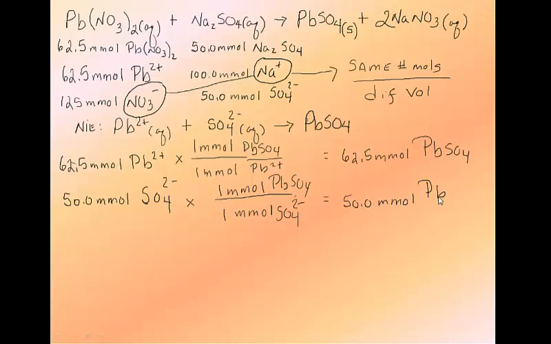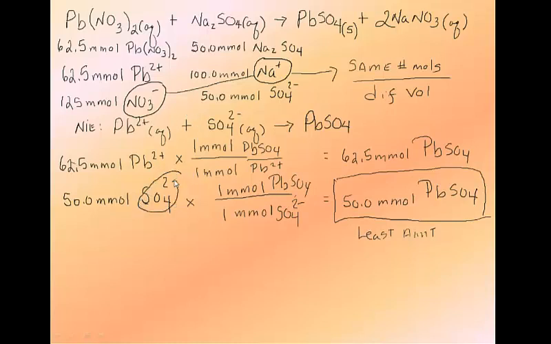If I look at the two numbers, I find that this is the least amount of product, that means this is my limiting, and this is my excess.